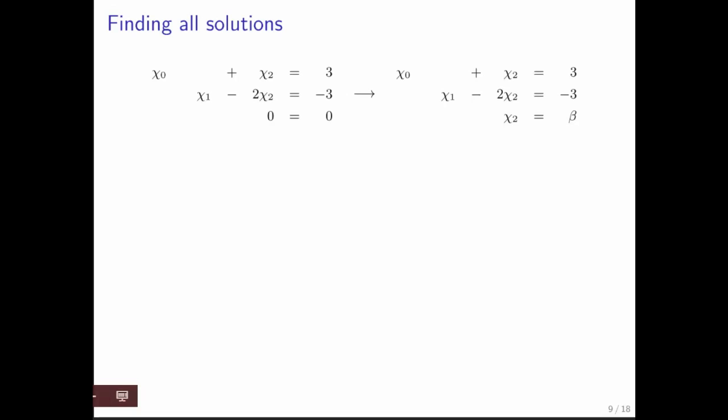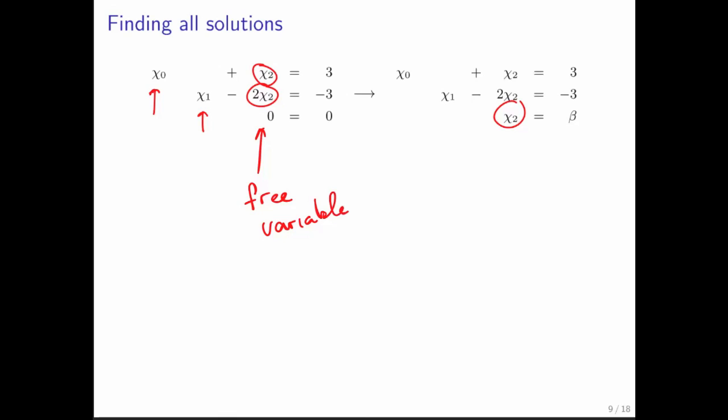What we're going to say is, look, we have 2 equations and 3 unknowns. So let's take one of the variables, χ2, and somewhat arbitrarily, we're always going to pick a variable that does not correspond to the first non-zero term in any of the equations. We're going to call that the free variable, and we're going to call the other variables dependent variables.